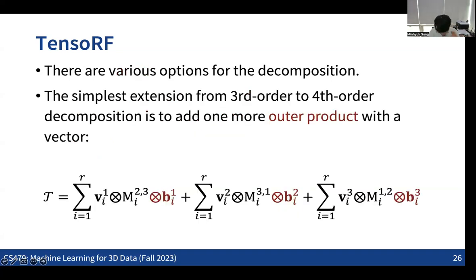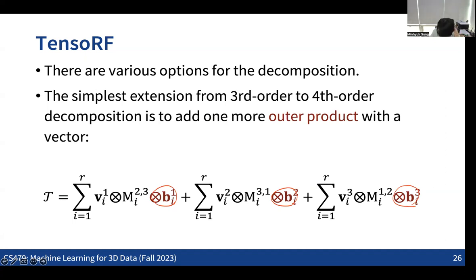But the simple way, the extension from the third order tensor to the fourth order tensor, is basically just adding one more vector in the outer products. So this can be the simplest way that we can extend the third order decomposition into the fourth order decomposition, but obviously there can be multiple other ways to decompose the fourth order tensor into some kind of lower order components.